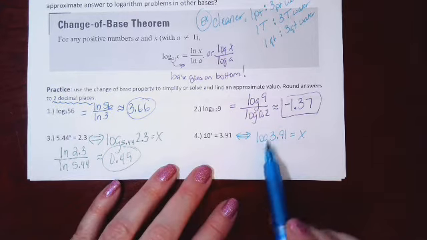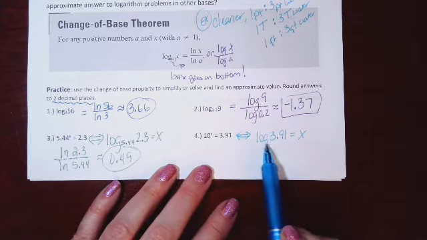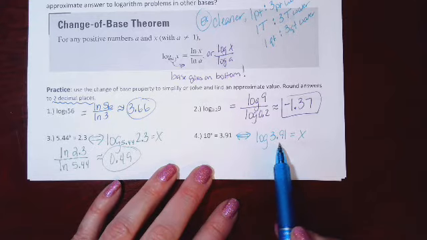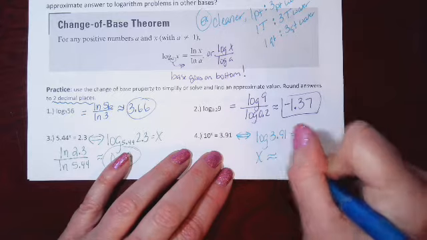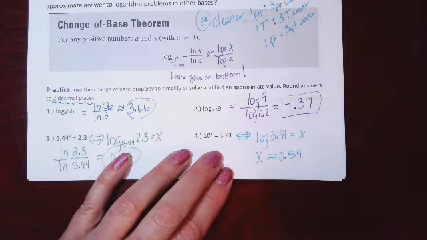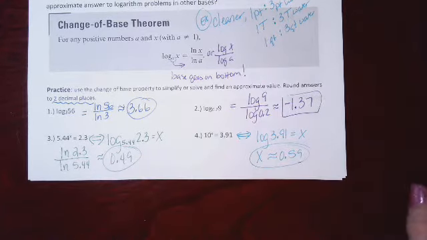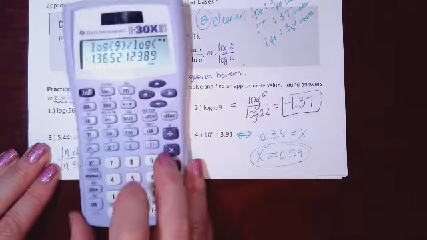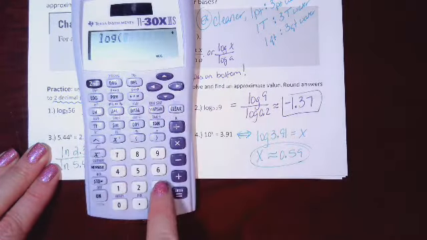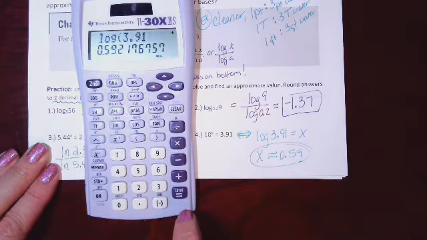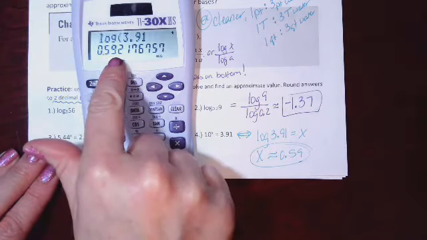And this I don't have to use change of base for. This time I can just do my log button, 3.91. That should give you an answer rounded to 2 decimal places of about 0.59. So log button, log, is base 10, 3.91, rounding to 2 decimal places.